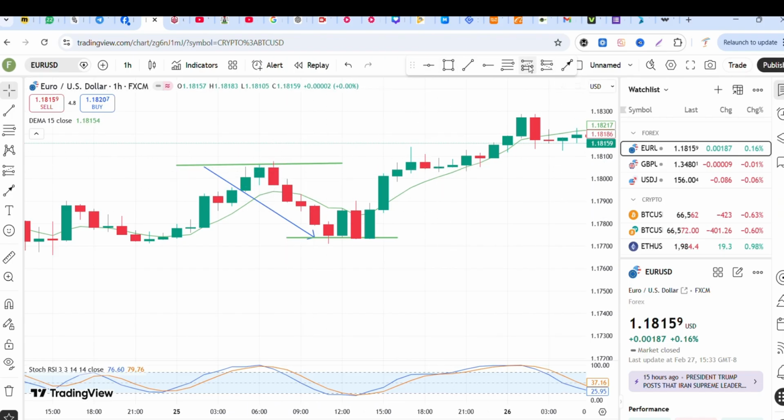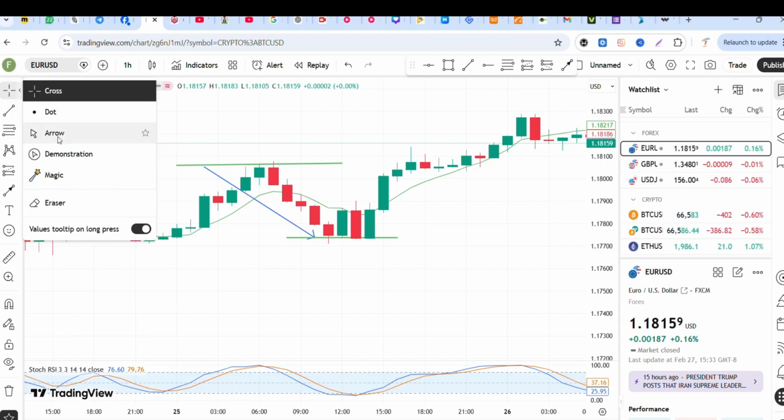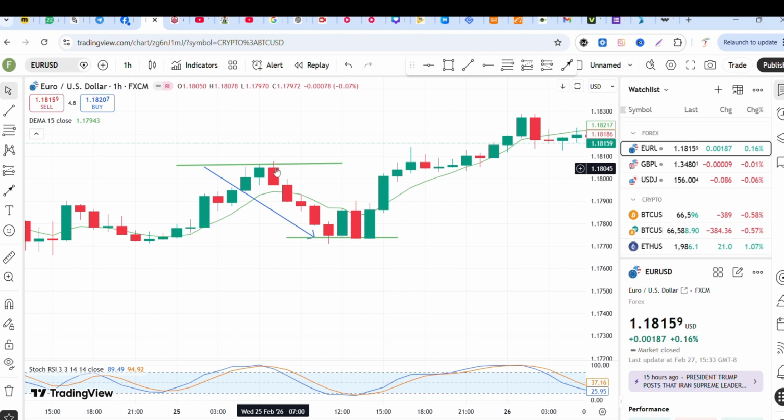Let me use a line. Let me see if I can get a pointer. So let me use this. Good. So this place that I'm pointing, this is my open here.